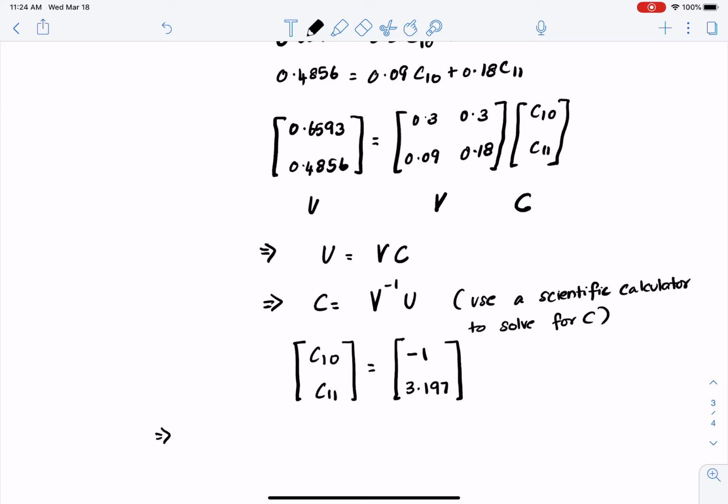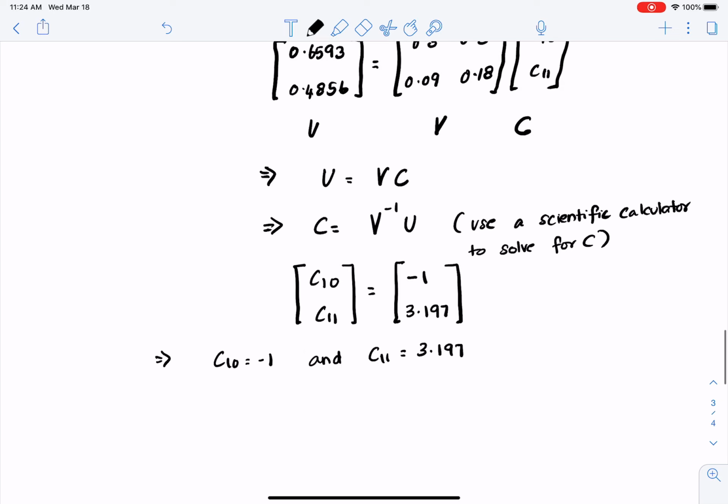So this would mean C10 is -1 and C11 equals 3.197.